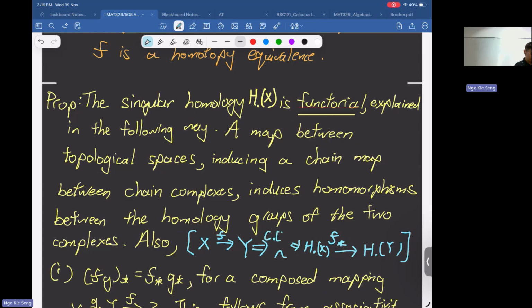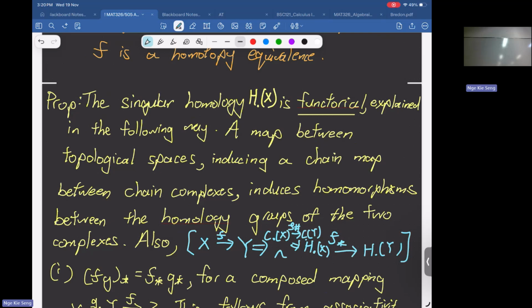So let's denote it as C(X) and C(Y). Okay, and then we'll use F sharp. So we have a continuous map on X and Y, and then we go to this induced map on chain complex, and then chain complex to homology.